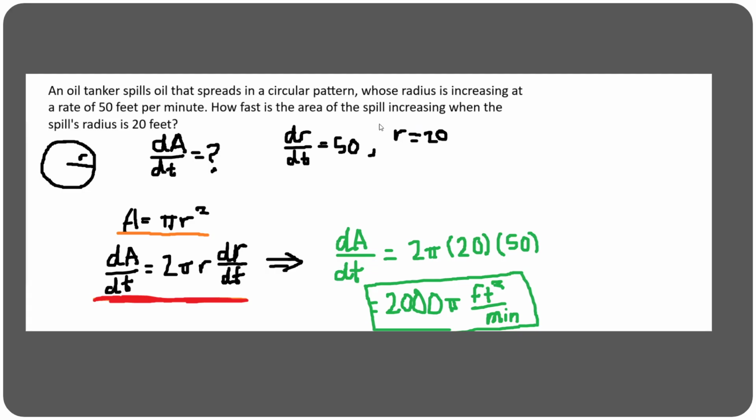And we've already solved this equation for the rate of change of the area. So when you plug in your values, you can solve it and it equals 2000 pi feet squared per minute. So that's the rate of change of the area. If I was on a formal test, I would write the rate at which the area increases is 2000 pi feet squared per minute.